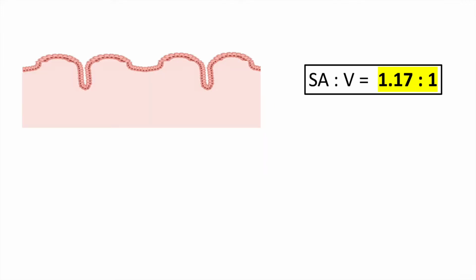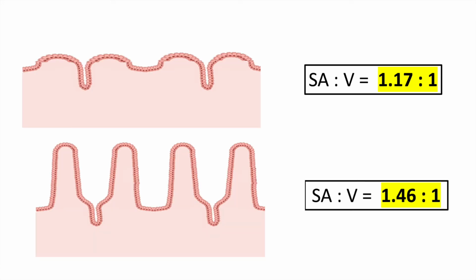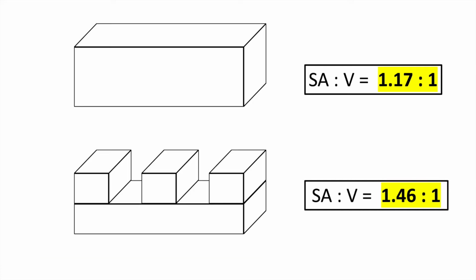So this is the person with celiac disease. Their surface area to volume ratio of their villi is 1.17 to 1. And this is what is represented using a cuboid. And if we compare that to someone with normal villi, their surface area to volume ratio of their villi is 1.46 to 1. So they have a much larger surface area to volume ratio.